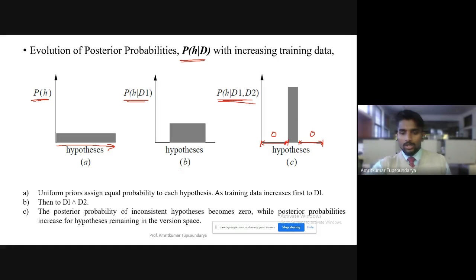It has become zero, while the probability of the consistent hypotheses increases for the hypotheses remaining in the version space. So that's a brief understanding of how the evolution of posterior probability is done.